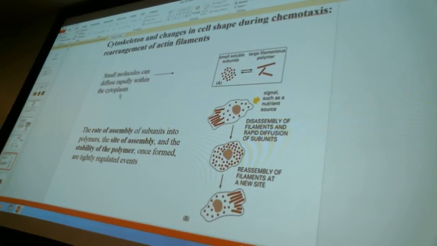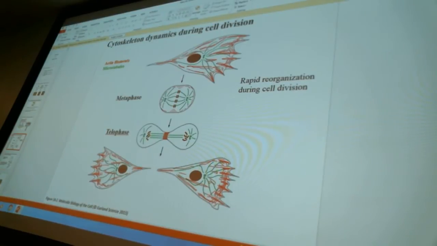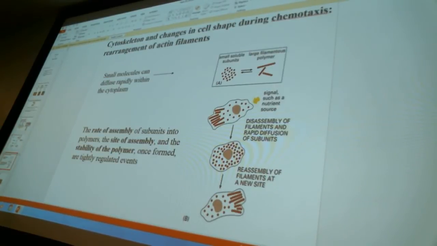So this is one of the examples of very large changes of the cytoskeleton and the cytoskeletal dynamics. Another very good example of such dramatic changes is during chemotaxis. What is chemotaxis?